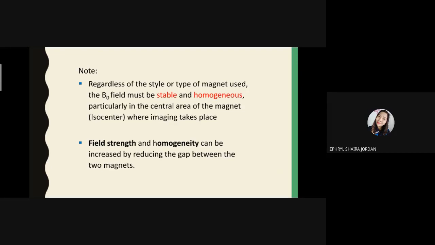But for now, field strength and homogeneity can be increased by reducing the gap between the two magnets. So, ang case ng permanent magnet, ma-increase mo ang strength niya if you decrease the gap between the two. Usually, ang itsura ng permanent magnet, diba, is this.